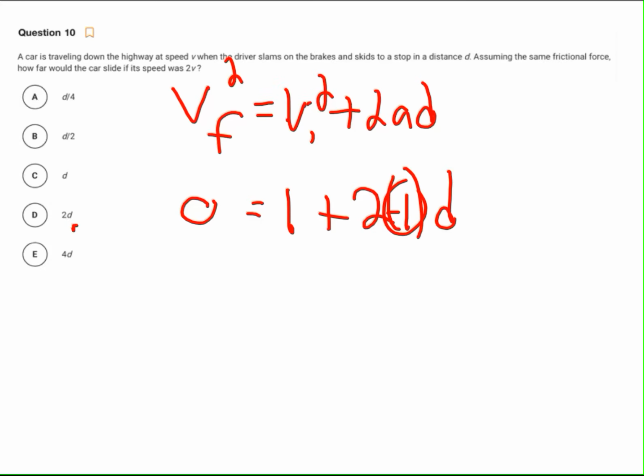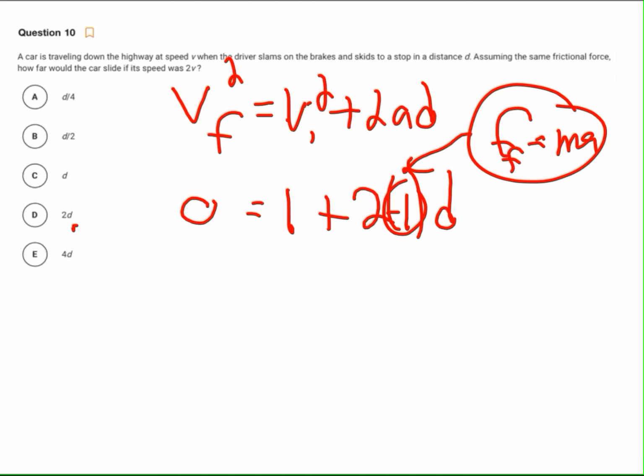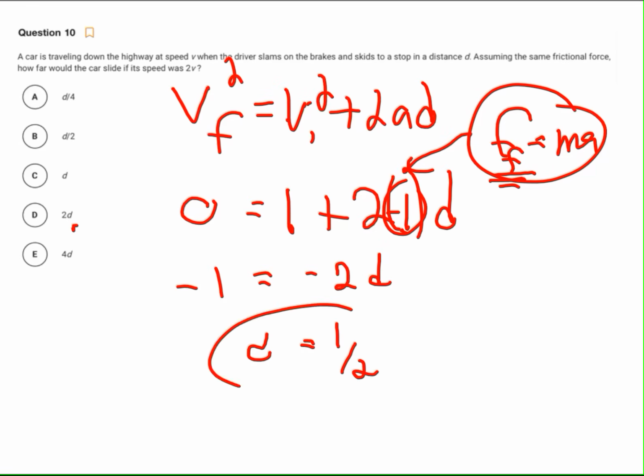Now, we know that the force of friction would be our MA, and we could do all that math, but at the end of the day, it's just a set value based on a constant force. So when we do all this, we bring this over, we get -1 equals -2D, D equals 1/2. That's my initial scenario.